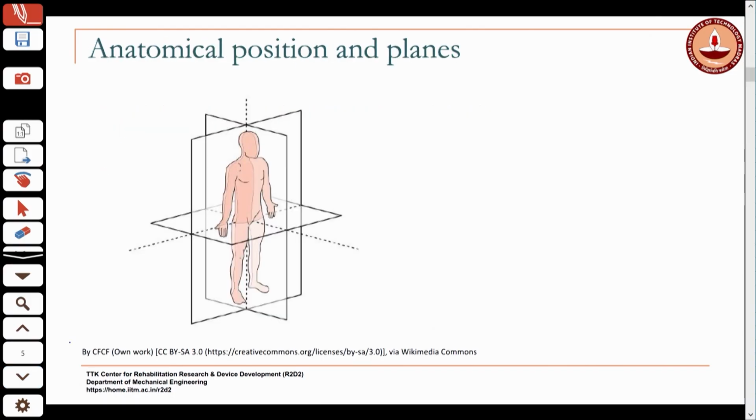So, this is your anatomical position. You have the person standing straight, palms facing forward. So, in the anatomical position, the palms are facing forward.